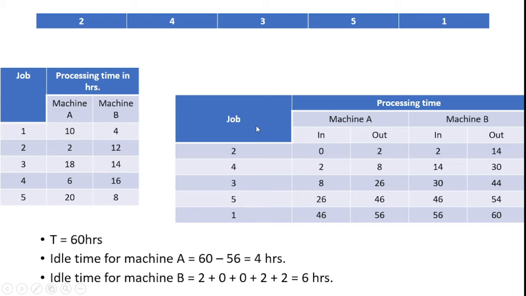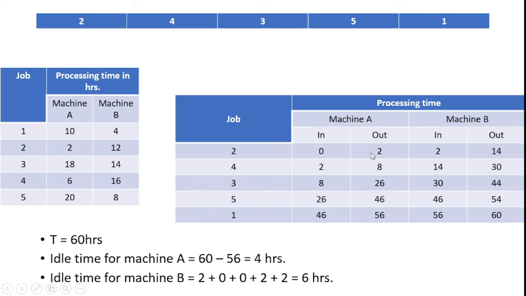Here the job processing starts from machine A. Machine A starts at the zeroth time, so here zero time is available. After that, the processing time of job 2 is 2, so 0 plus 2 is equal to 2.